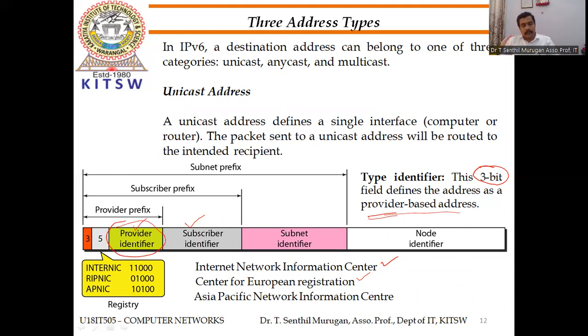In case you are using some private network like Airtel or Idea or Vodafone, that identifier address will be there. This is a subscriber identifier. You are the subscriber, so this address will represent the identifier. In case you are using some landline or other devices for a sub network, that will represent the node identifier. Okay.